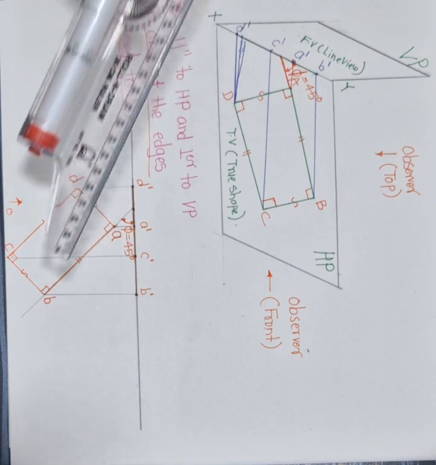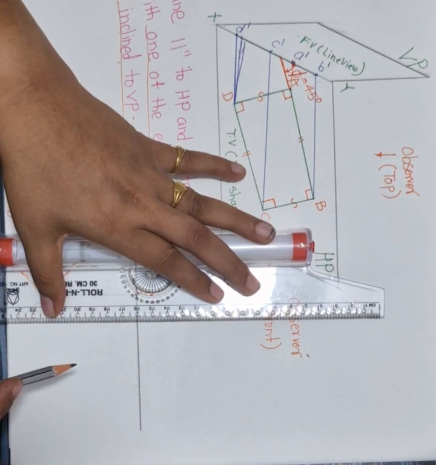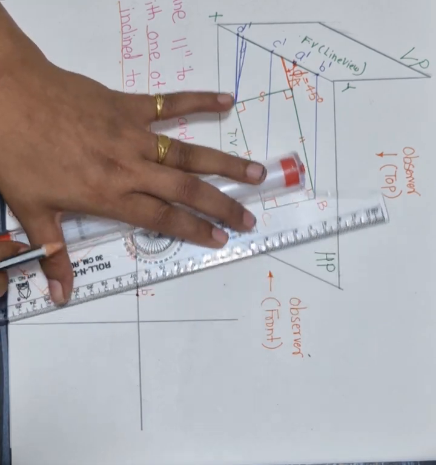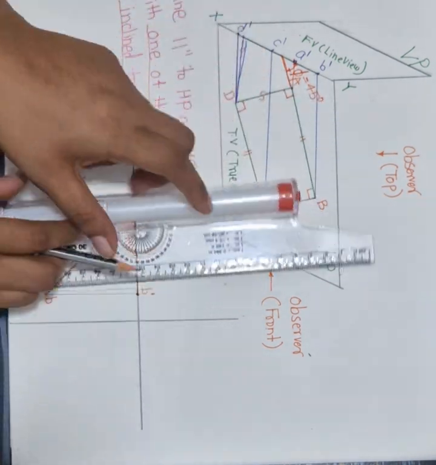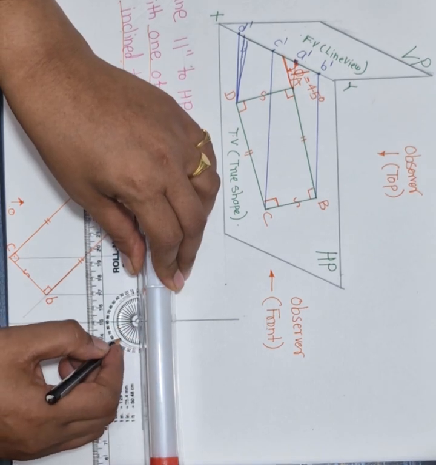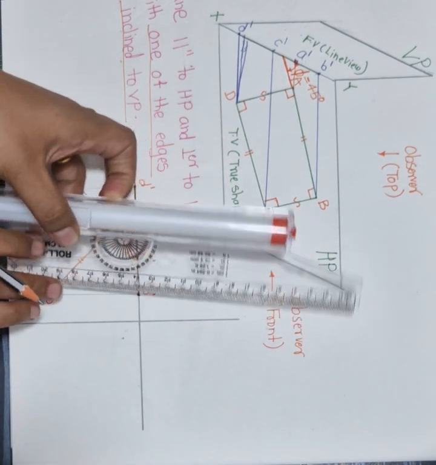Now to draw the side view, let us consider a vertical XY line, then an angle of 45 degree.